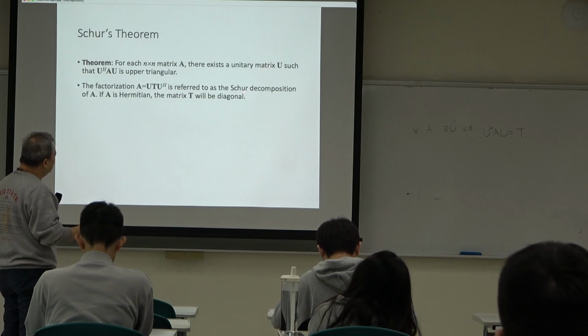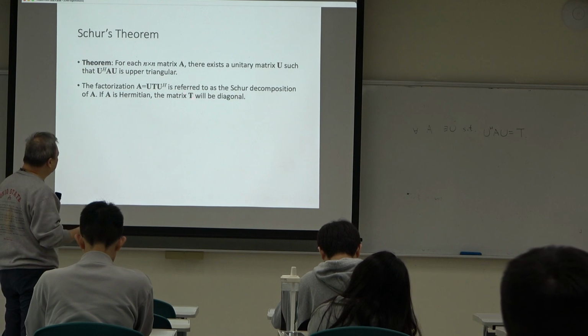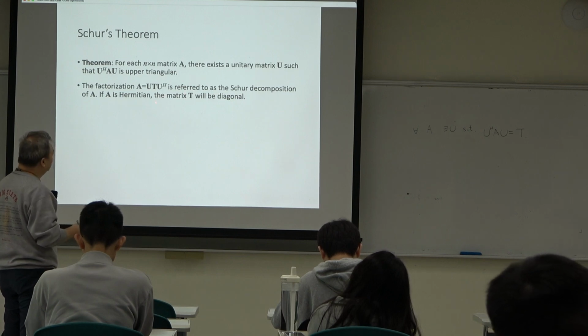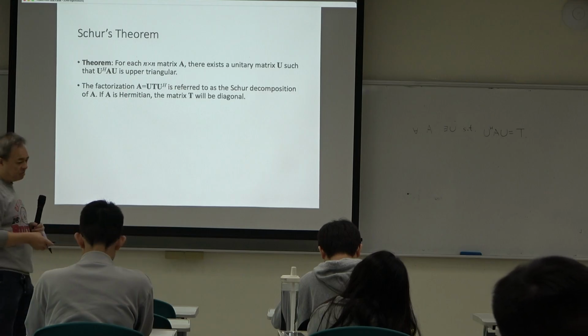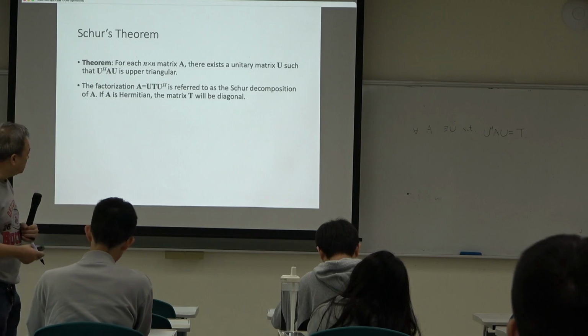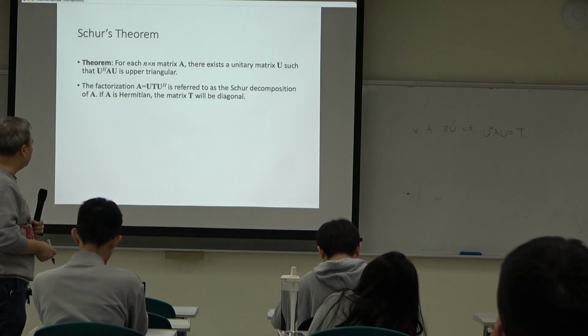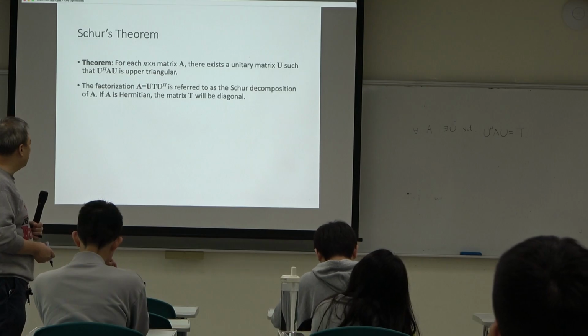We call this Schur decomposition of A. And if A is Hermitian, then matrix T will be diagonal. I already showed in the previous slide that if A is Hermitian, you can find U to diagonalize A. There's no question about that.